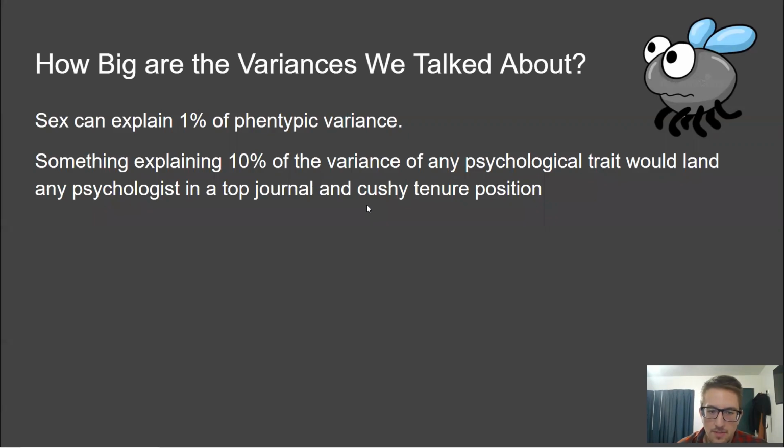Frequently, psychological journals are publishing papers that explain single-digit variances of some variable or other. With these genotypic effects, we're seeing that we can explain double-digit variances pretty easily with these GWAS.